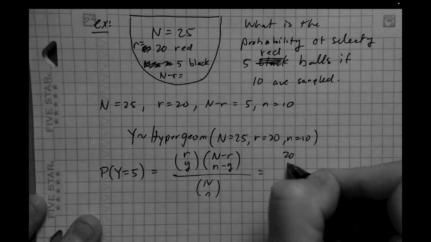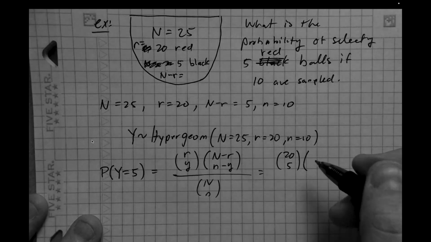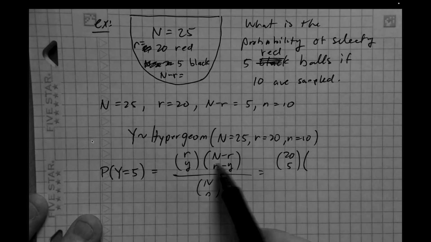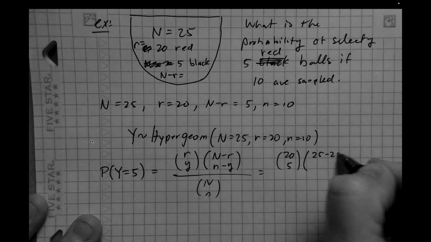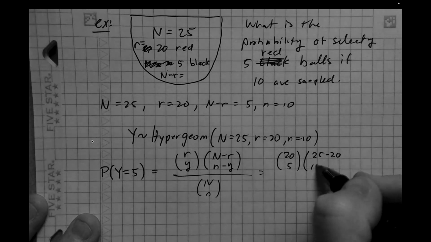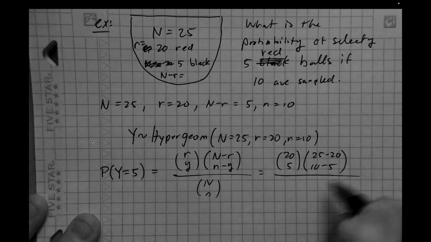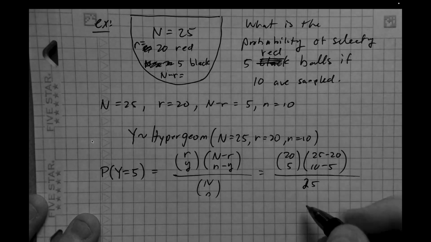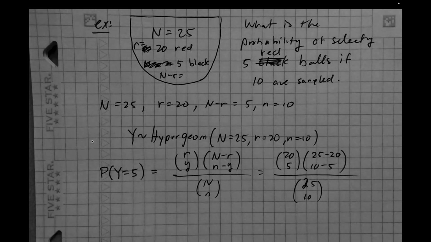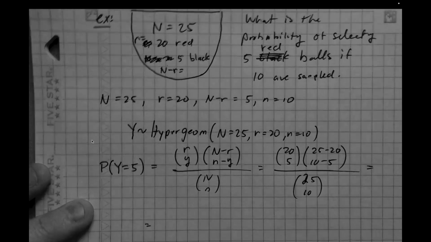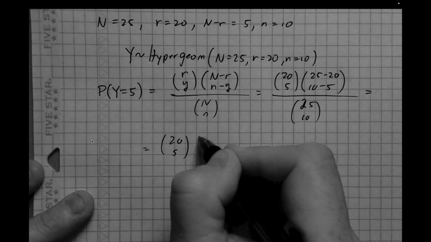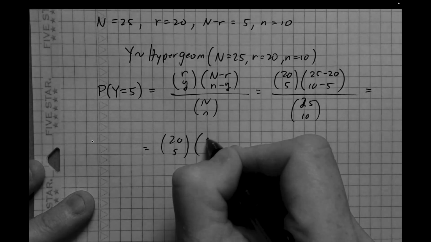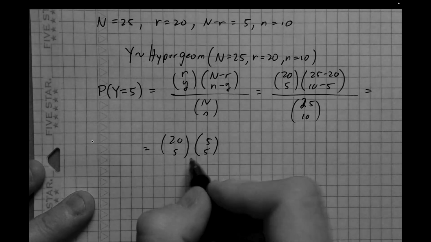So this is 20 choose 5 times 25 minus 20 choose 10 minus 5, all divided by 25 choose 10. We can easily figure out what this is: it's 20 choose 5, then 5 choose 5, and then 25 choose 10.